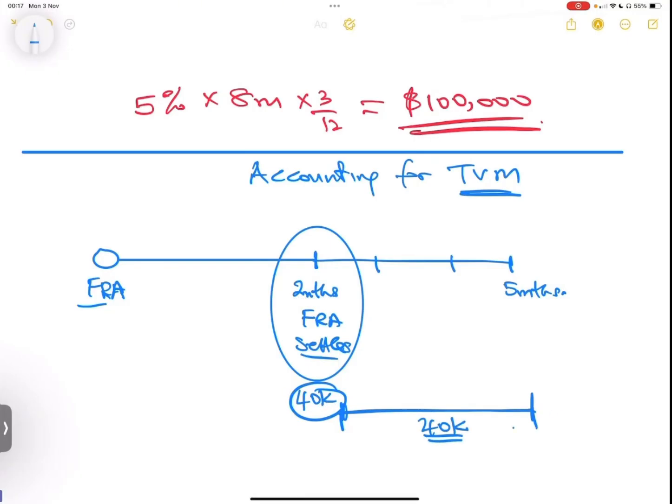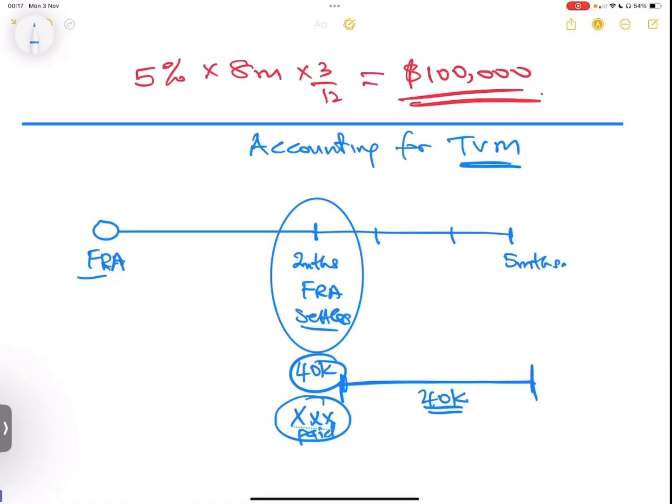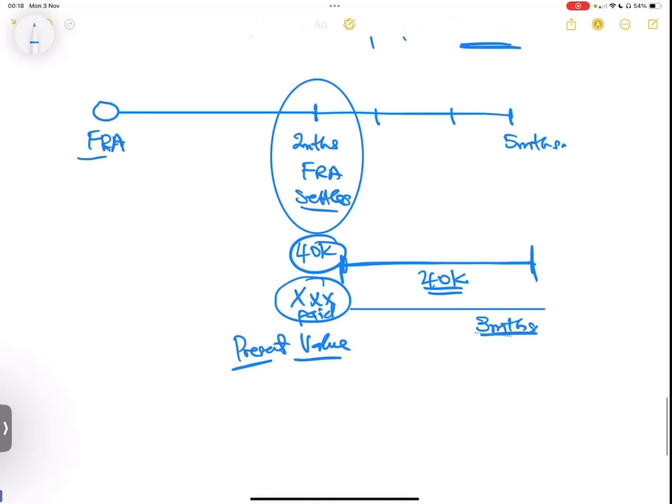That 40,000 gain must be paid on this date. And if it must be paid on this date, what is the value of that 40,000? You have to work with the present value of that 40,000, because the 40,000 is the benefit over the life of 3 months. So it doesn't make sense to ask the person that will pay on a date like this to pay the whole of 40,000.